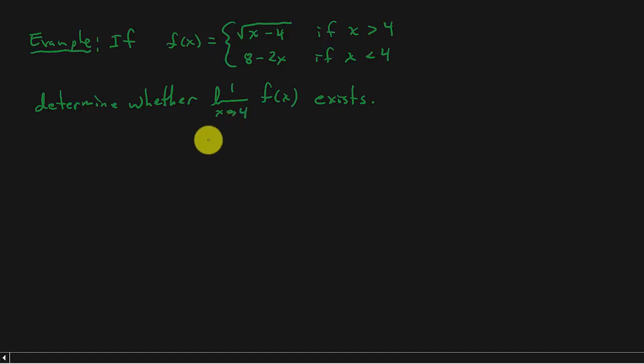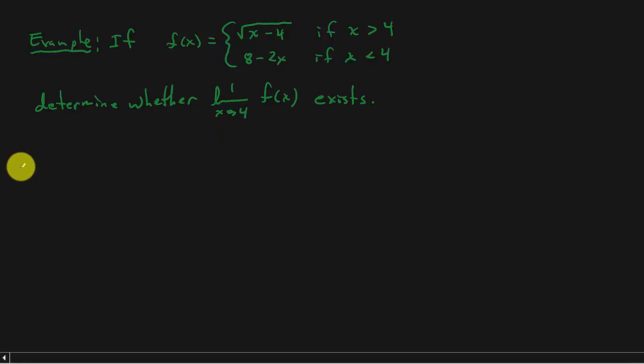Okay, well, let's see what we've got. So to determine if this exists, we've got to take the limit from the left and the limit from the right and see if they're equal. If they're equal, then it exists. If they're not, it does not exist.